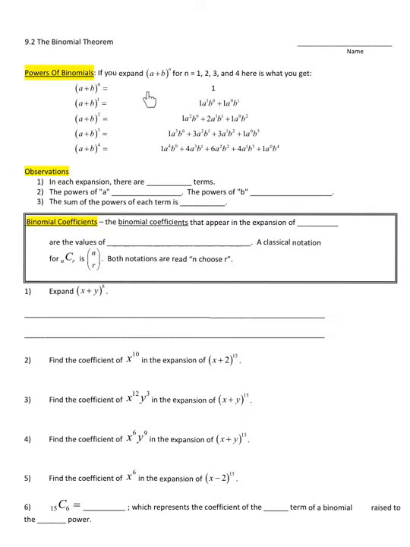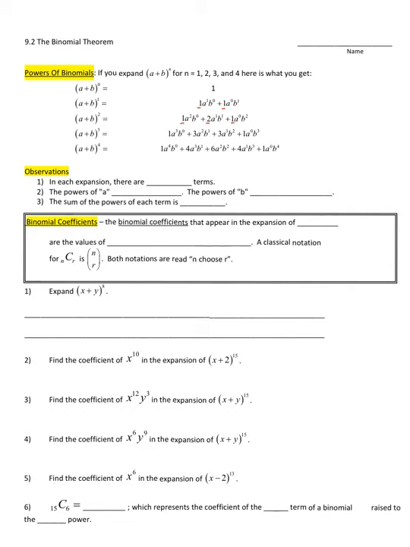As I just got done talking, now we see the same thing, but I start out here with a plus b to the 0. Well, a plus b to the 0 is 1. A plus b to the first is simply 1a plus 1b. And a plus b squared is, as we did earlier, 1a squared plus 2ab plus b squared.